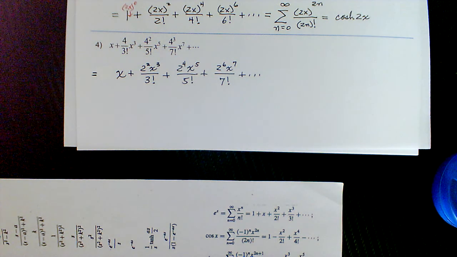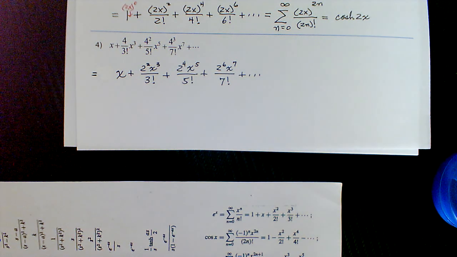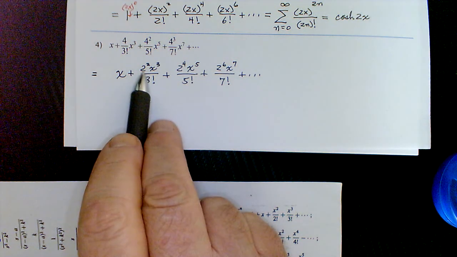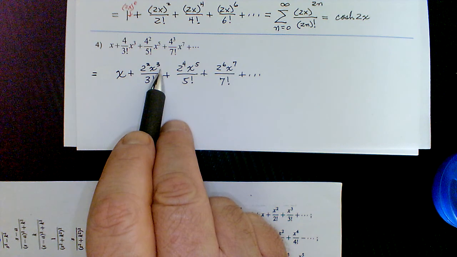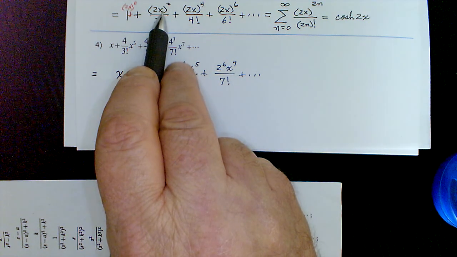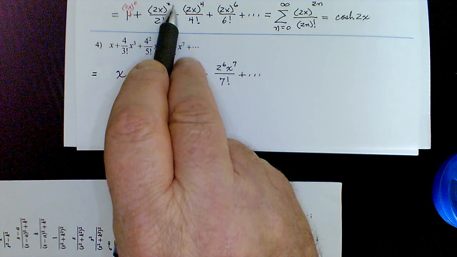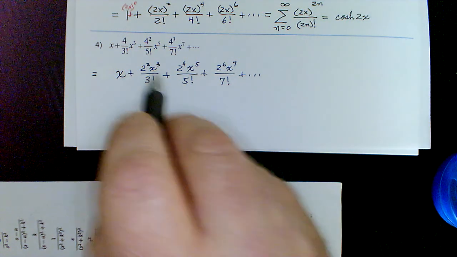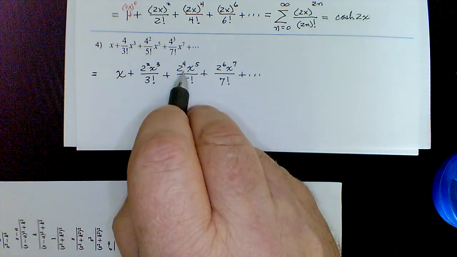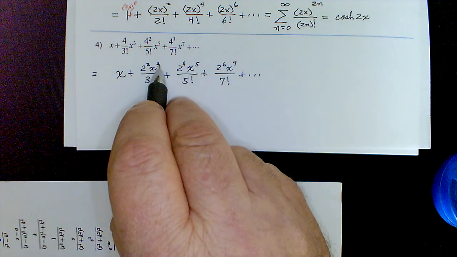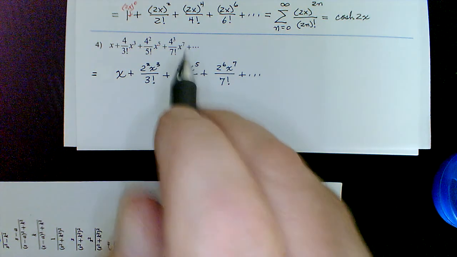We have to have it such that the powers on the 2 match the powers on x, so we can absorb it and write it as a single quantity raised to a power like we did in the last example. Notice that the powers on 2 and the powers on x differ by only 1 factor.